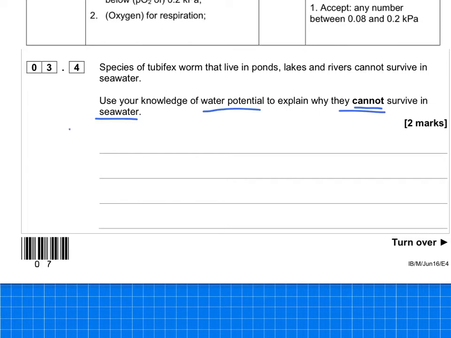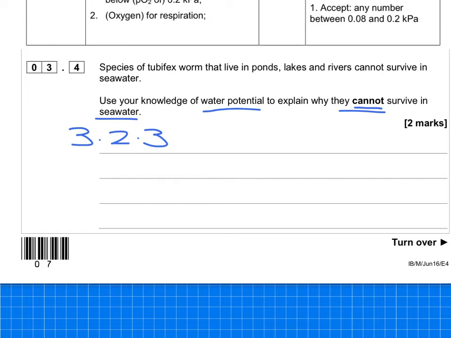In terms of the spec number, this is in 3.2.3. What I find interesting about this question is that parts of a question can ask you about different parts of the spec. So when you start a question, don't expect all of it to be related to that part of the spec. You've got to look for the clues to what it's about.